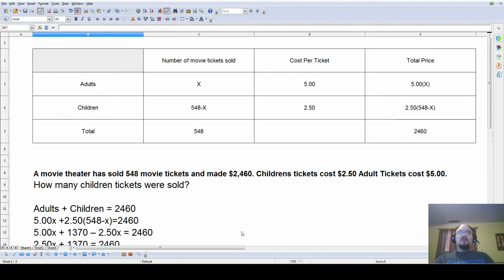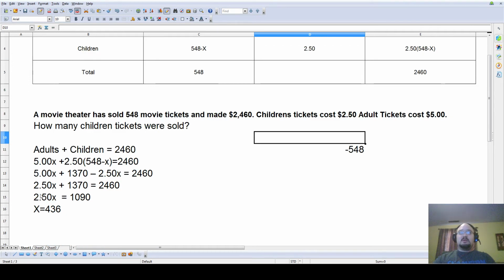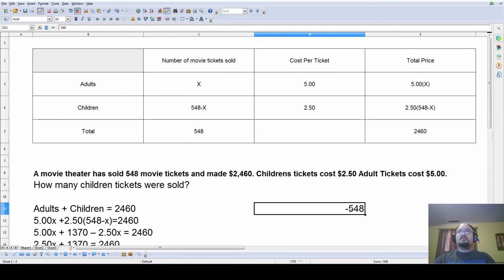So if I want to find what the children's tickets are, I would have to say 548 minus this 436. 548 minus 436.